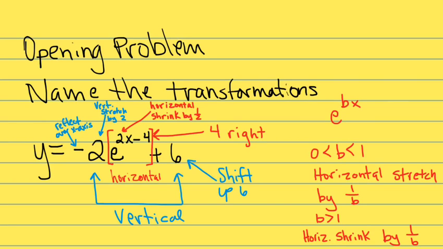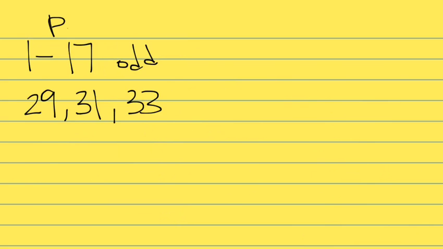We know that minus 4 on the inside takes it right 4. I don't need to say horizontal shift right 4 because right is a horizontal movement. So, any questions about transformations? We good? All right, that was kind of review.